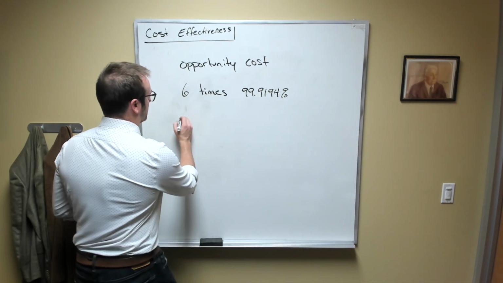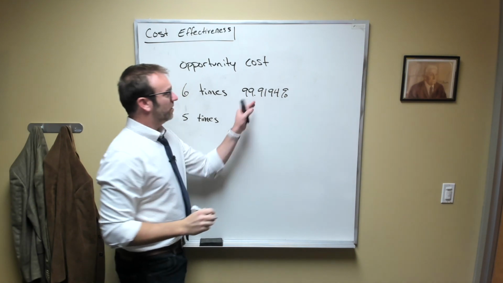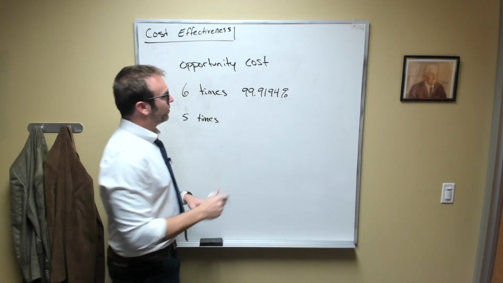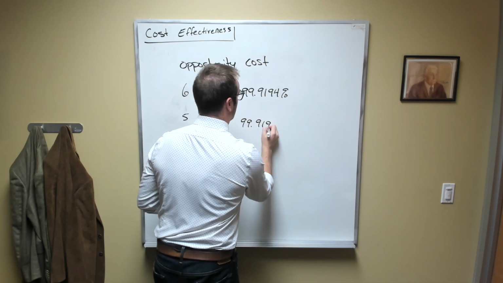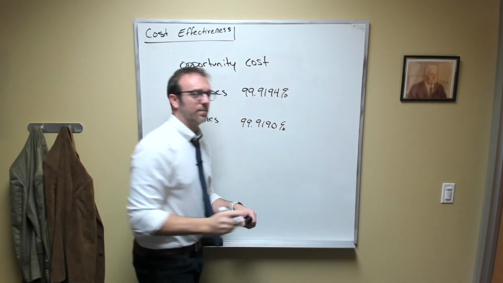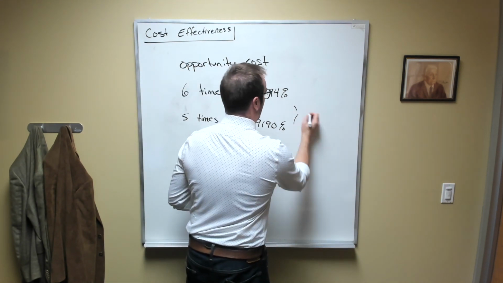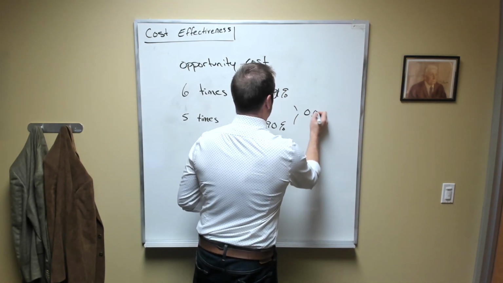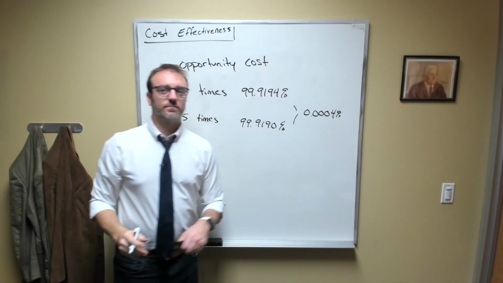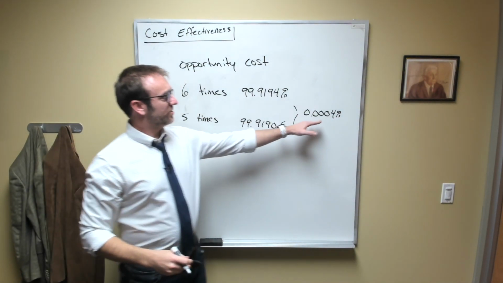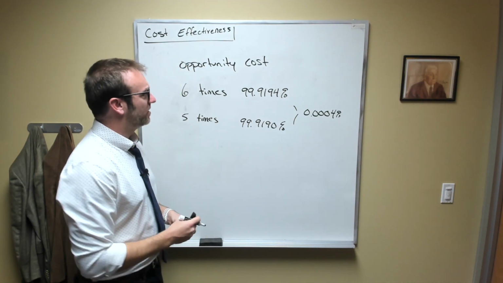If you get tested 5 times, however, the probability is going to go down, but the accuracy goes down to 99.9190%. In other words, it only goes down by 0.0004%. Now, this is a very small number, and we might say, well, might as well get the 6th test anyway.